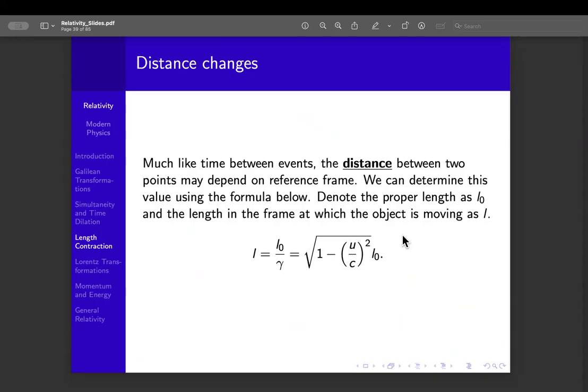So if the car is stationary to me, standing on the side of the road, and it has a length of, let's say, 2 meters, then L0 should be 2 meters. But if that car is moving, and I'm still standing on the side of the road, I would say that the car has a length of L, and that length would be less than 2 meters.